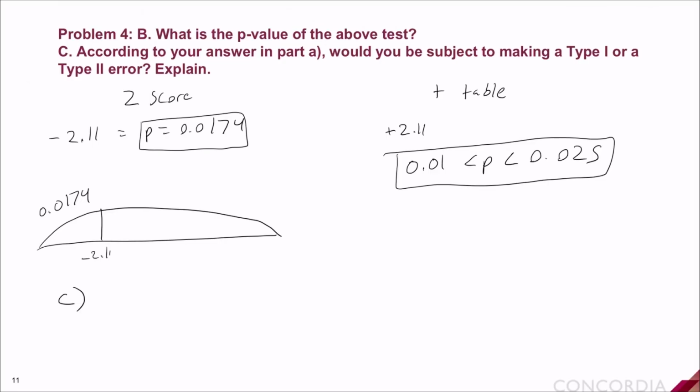Now for C, in part A, would you have made a type 1 or type 2 error?